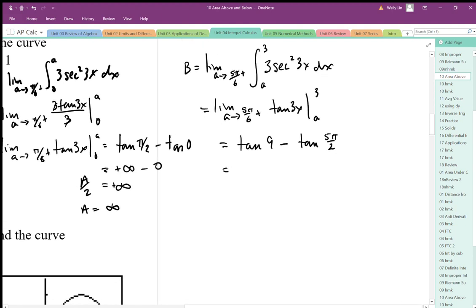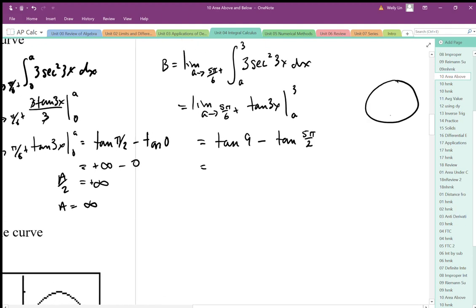Okay, so if you imagine the position of that circle, the position of that is going to be vertical here. As I approach it from this side, my slope is going to be negative infinity. So I get tan 9 minus negative infinity, and again that area is infinite.